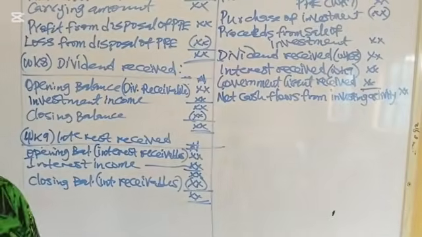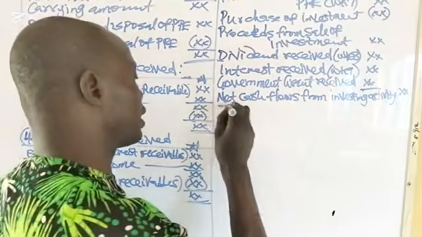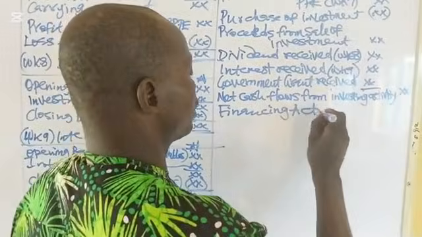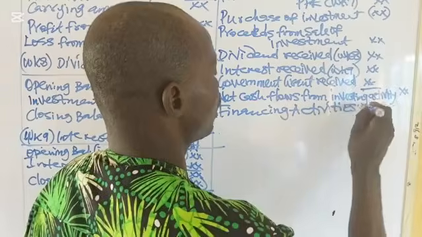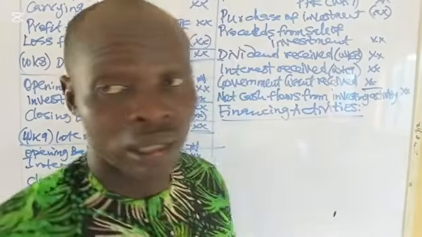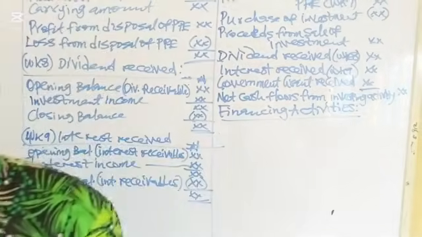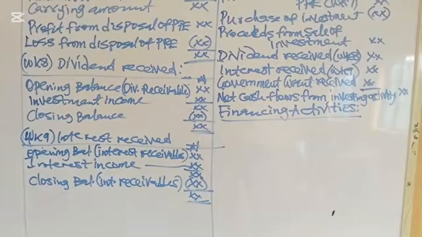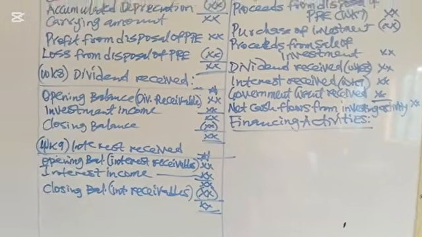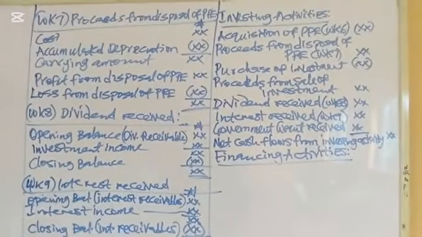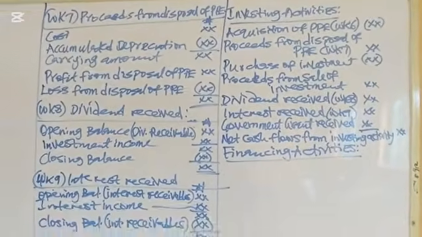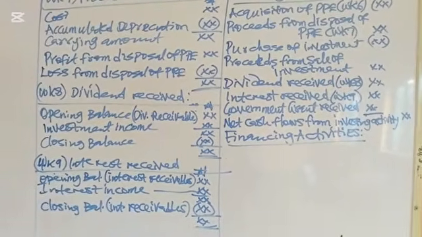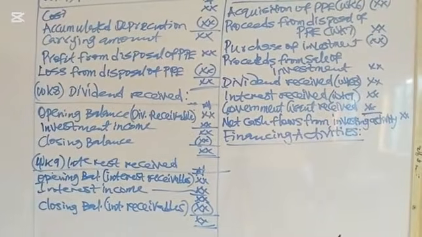That is investing activity. The next heading is financing activities. Financing activities are those activities that result in changes in equity and borrowings.